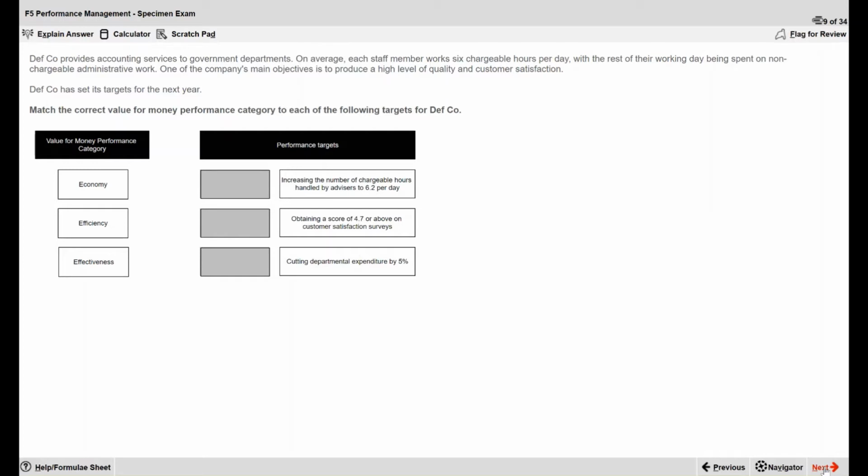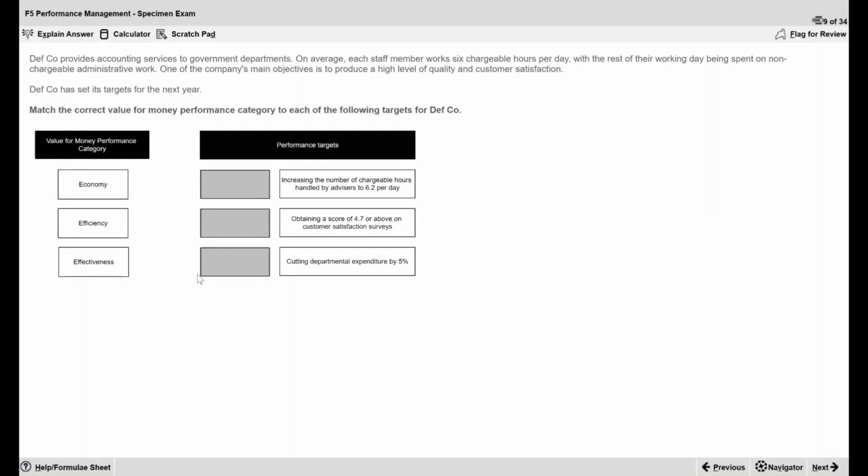Remember, economy, efficiency, effectiveness. Whenever there's talk of money, that is economy. Wherever there's talk of input and output, that is efficiency. And whenever we are looking at the overall purpose of the thing, we look at effectiveness. So increasing the number of chargeable hours handled by advisors to 6.20.